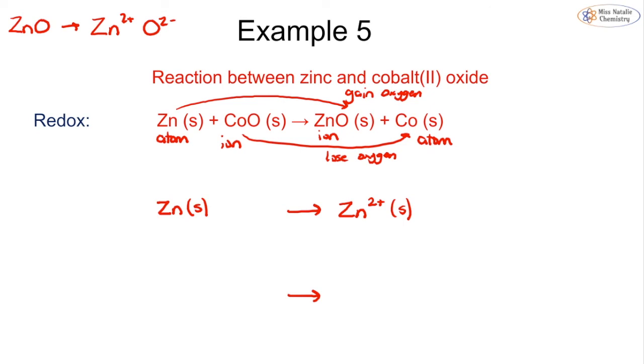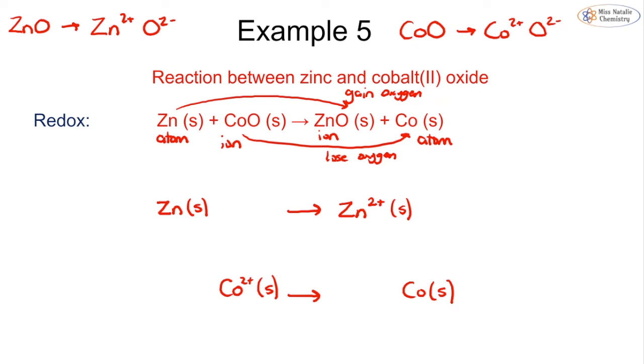When we have cobalt oxide, that is cobalt 2+, oxygen 2-. So that tells us that this is a cobalt ion forming cobalt metal. And we can still look at the atomic numbers to help us.